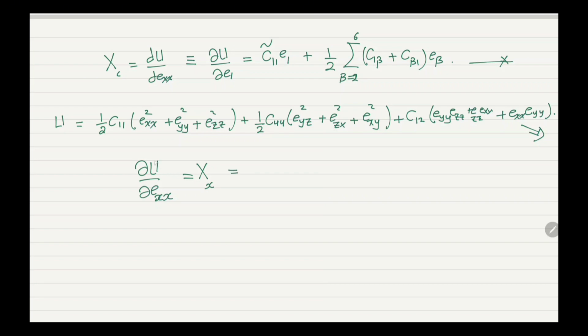If we differentiate U with respect to EXX, the other terms will be 0, except this one. So it's equal to C11 EXX plus C12 times EYY plus EZZ.